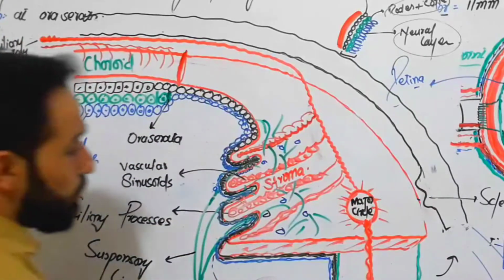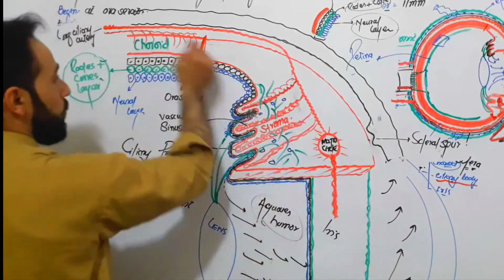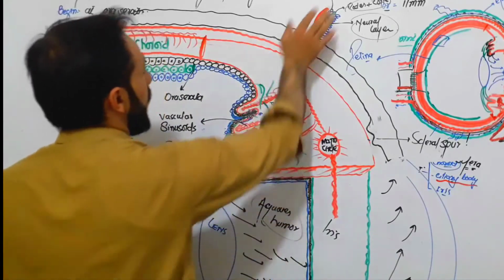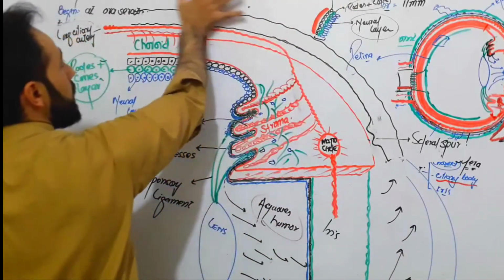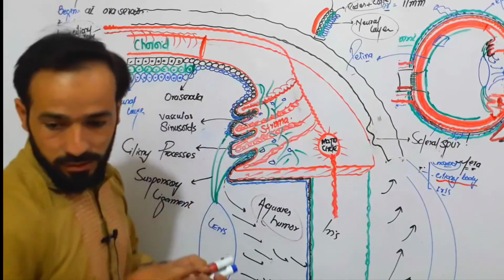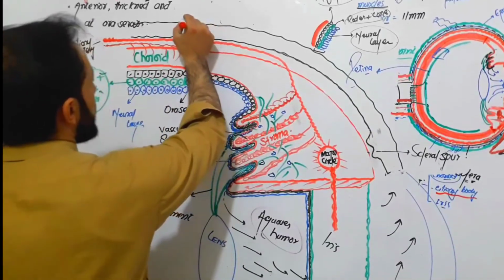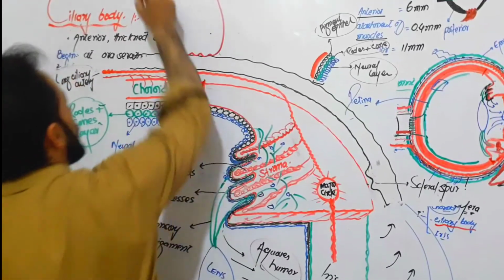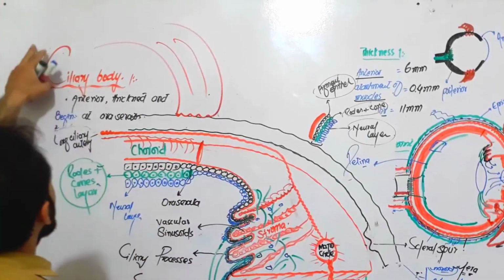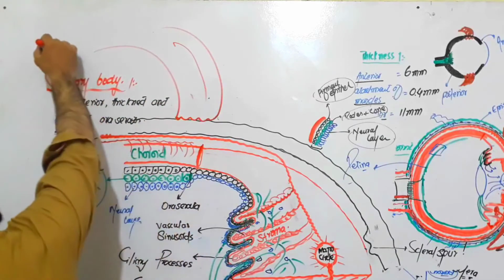Now one thing more which is very important, let me show you here. If someone asks the ciliary body is supplied by which artery, the long ciliary artery. And we'll also know that here we have the attachment of the extraocular muscles. These are the muscles, and you know that from the ophthalmic artery the muscular branches come, right?